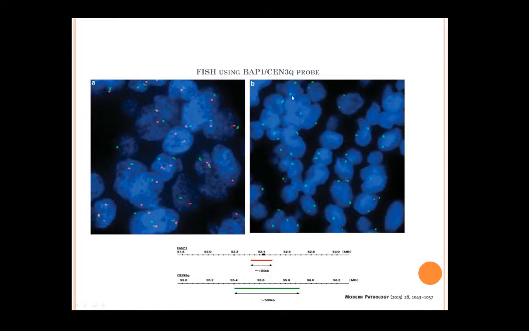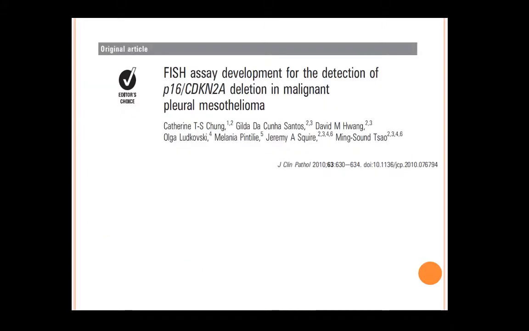However, usually in malignant mesothelioma, we have homozygous deletion or heterozygous deletion of BAP1. As we see here, we don't see any red signals. So this is indicative of malignant mesothelioma, and in this study, from 41 cases of malignant mesothelioma, 41 cases showed loss of the BAP1 gene by FISH, and none of the reactive mesothelial cases were positive for BAP1 loss.